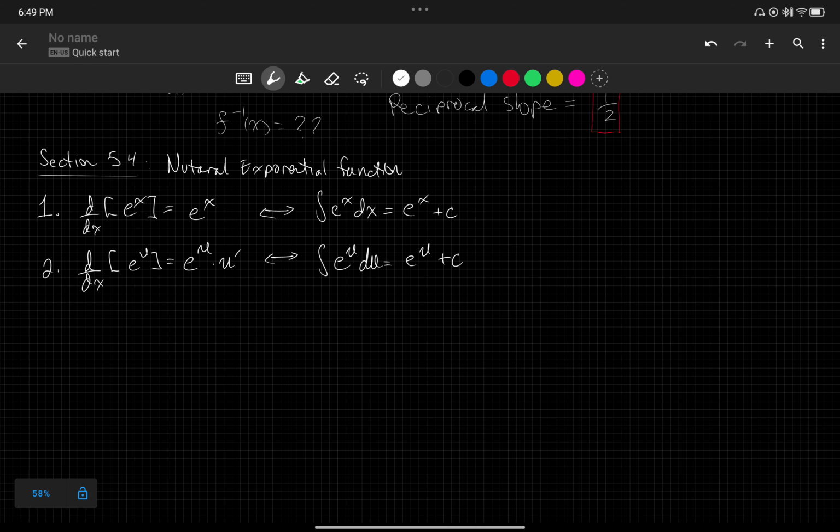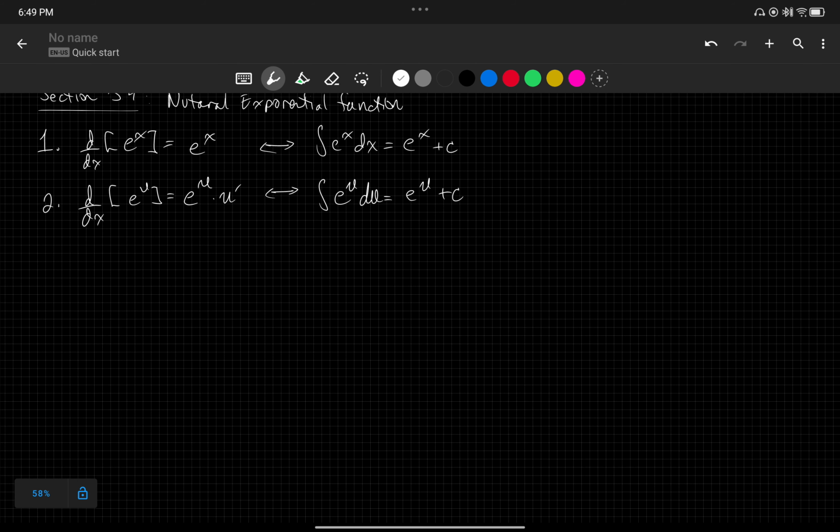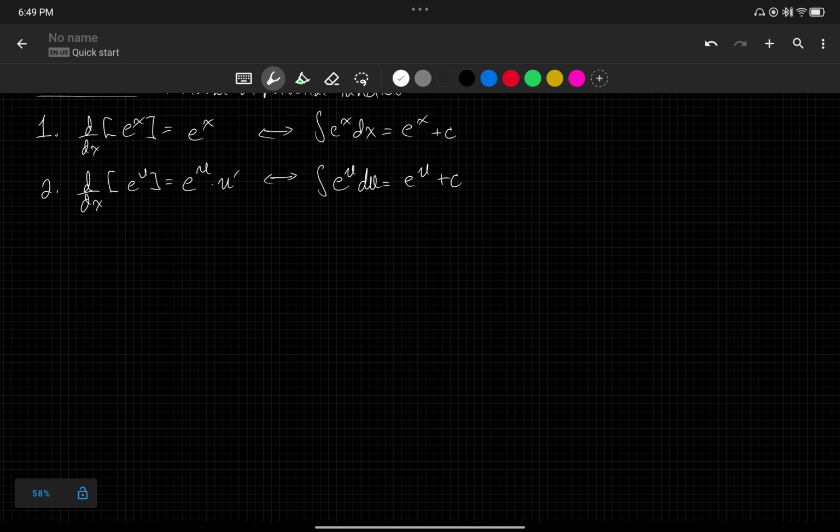All right, so some of the properties that we will need. Again, going back to pre-cal, when you first talk about inverse functions, let's say these are called the inverse properties.